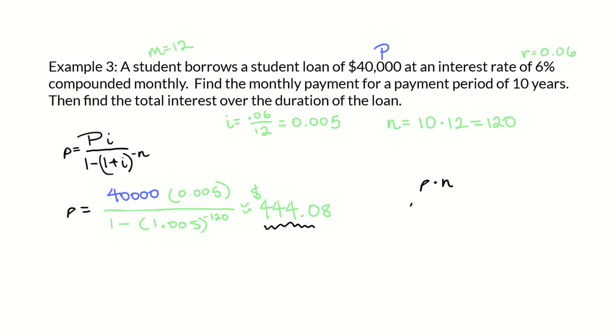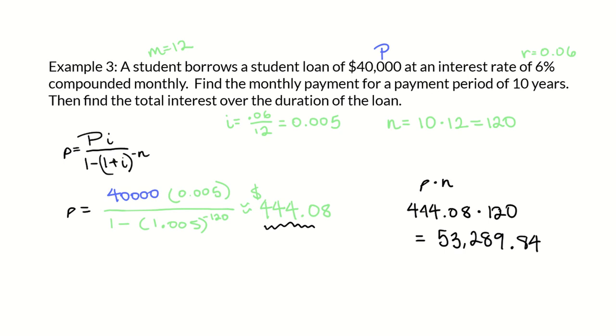So that means calculating $444.08 times n, which is 120. Now this gives $53,289.84. So this is the total amount that was paid over the 10 years.